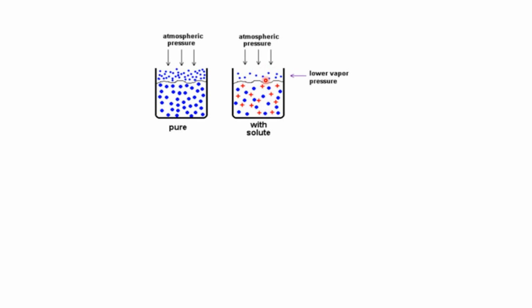That means you have to increase the temperature so that vaporization increases, so that a greater amount of solvent vapor is formed at a higher temperature, and then the vapor pressure of the solution will be equal to atmospheric pressure, and then it will start boiling. So the solution's boiling point is more than the boiling point of the pure solvent.